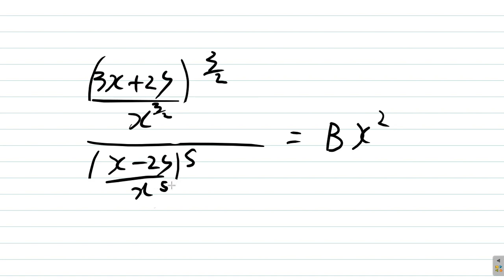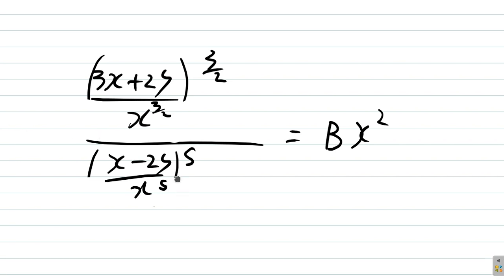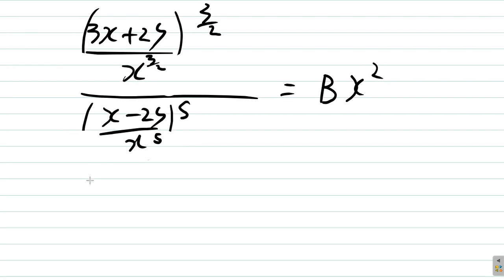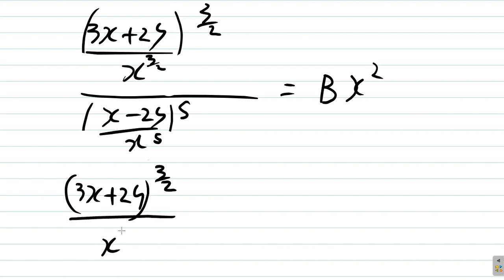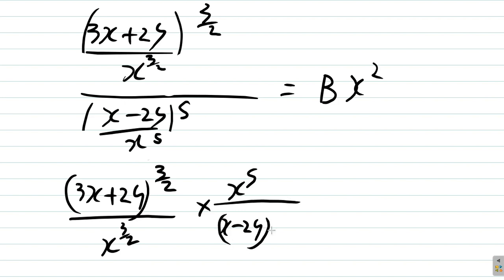So what would happen here now? You see this? It is 3x plus 2y to the 3 over 2 over x to the 3 over 2 times x to the 5 over x minus 2y to the 5 equal bx squared.